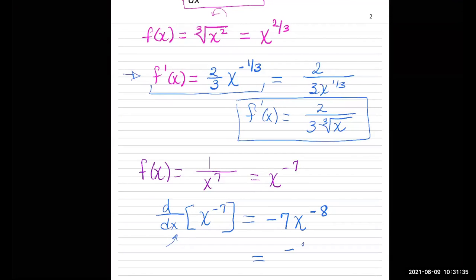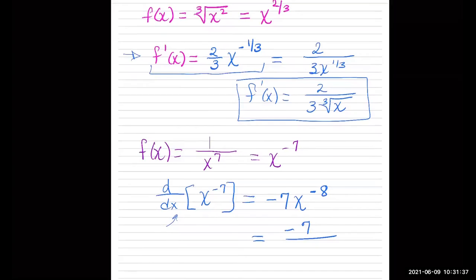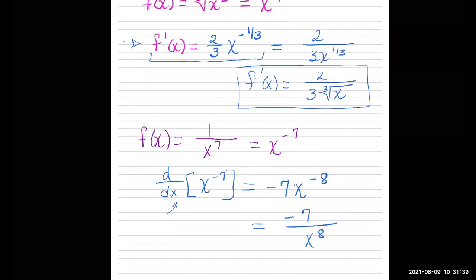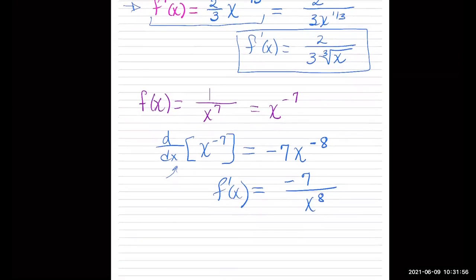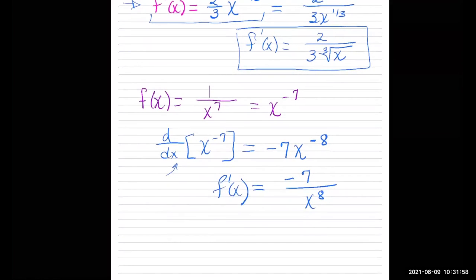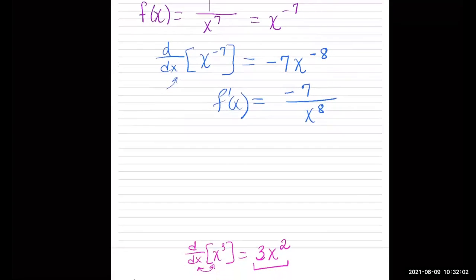And then I'm going to rewrite that as minus 7 over x to the 8th. So any questions about that one? Anything you can rewrite as x to some power, you can use the power rule.